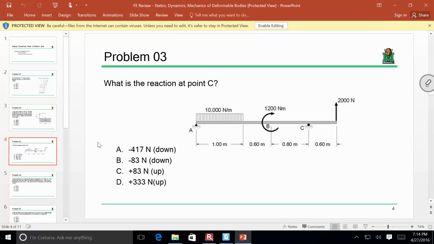Summing moments where? There you go. Sum moments at A, because think about it in terms of unknowns. You got two unknowns here, one unknown there, so sum moments here to determine that reaction. Make sense? All right.